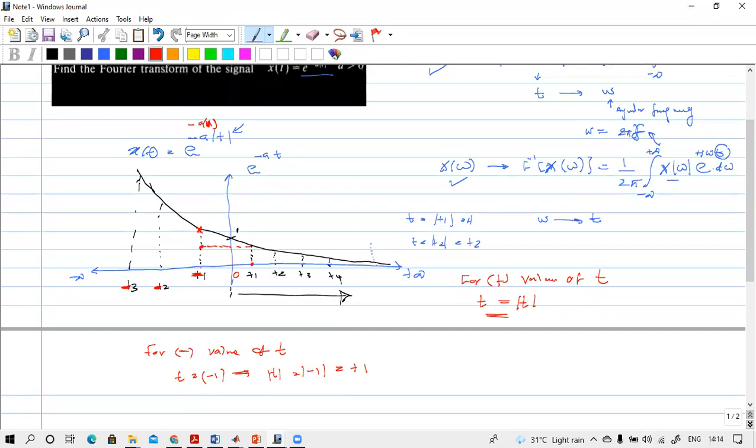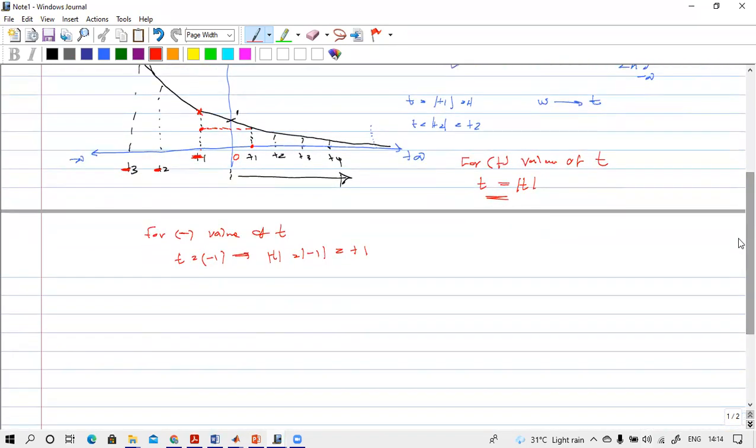So for plus and minus 2, try to understand this. If t is equal to minus 2, that means this point. Then x(t) equals e^(-a|t|).